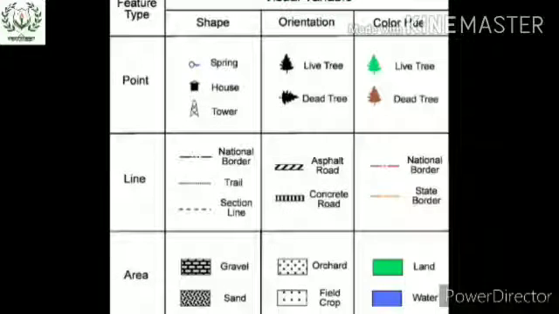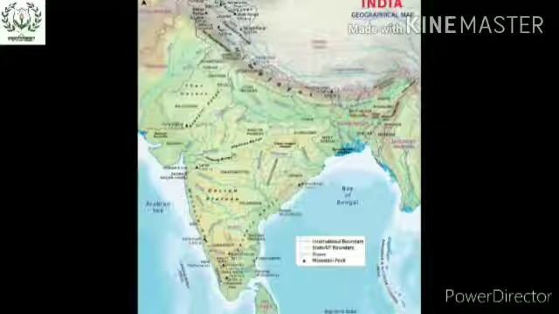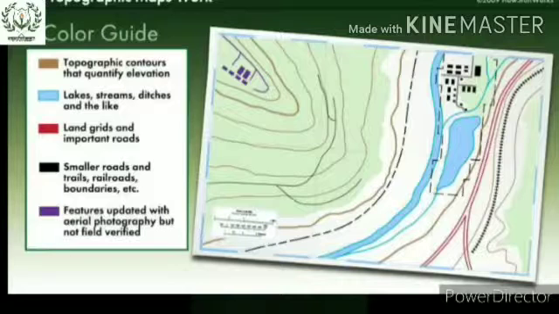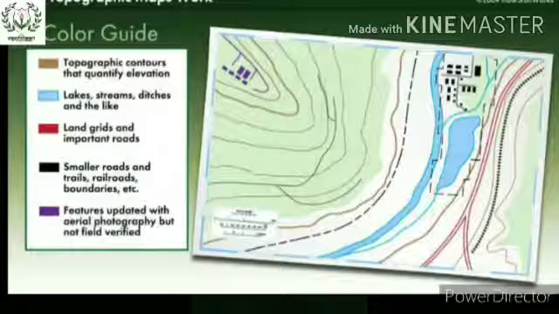Different colors are also used in maps. Many colors on a map have a relationship to the objects or the features on the ground. For example, water bodies such as oceans, seas, rivers, etc. are shown in blue.